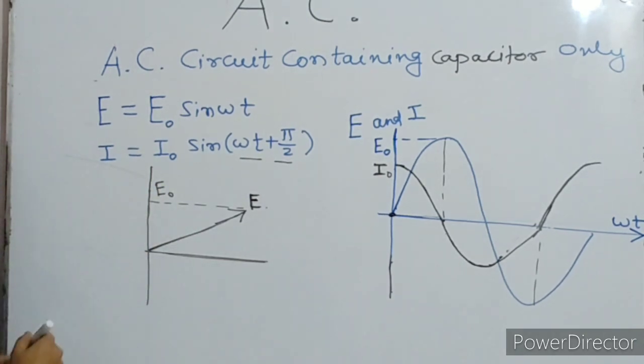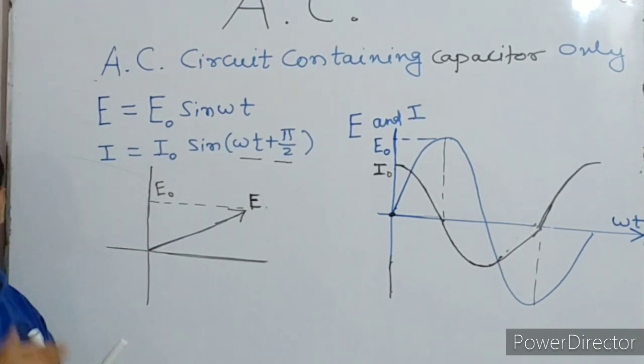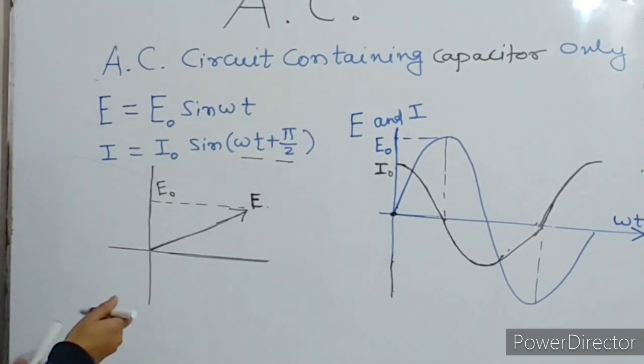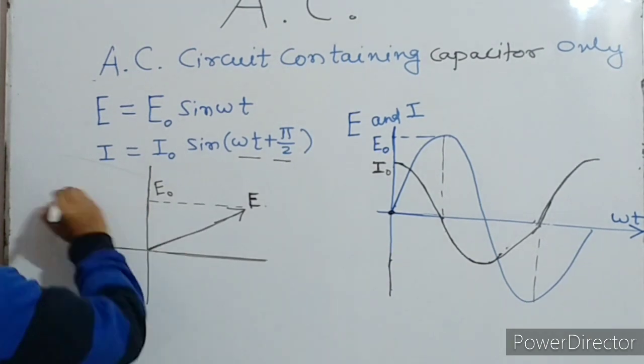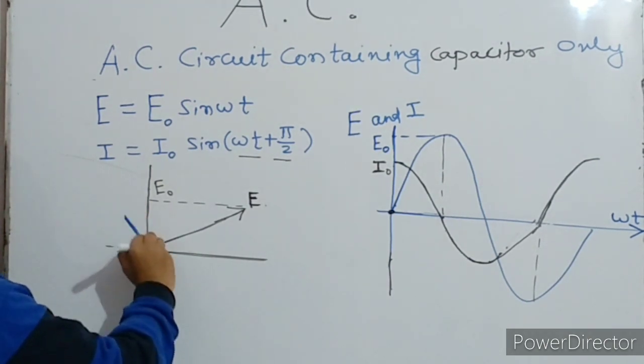And it is given that current is leading. If current is leading by pi by 2, so current would be on this side, and it is given like this.